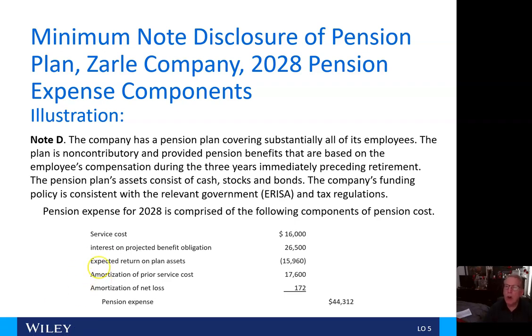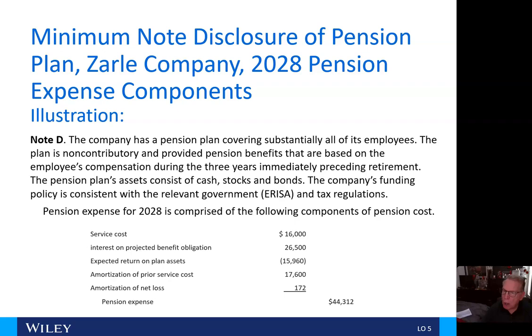Now, if we look at the minimum note disclosure of pension plan for the Zorro Company, here is an illustration. Under note delta here, the company has a pension plan covering substantially all of its employees.